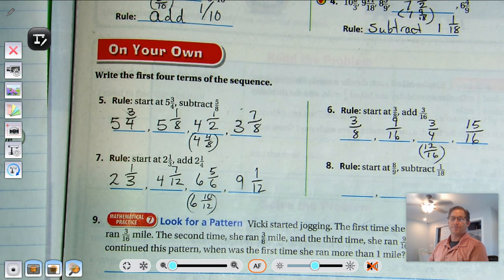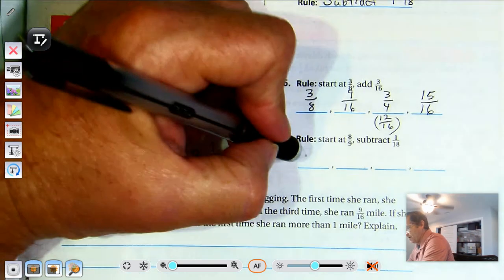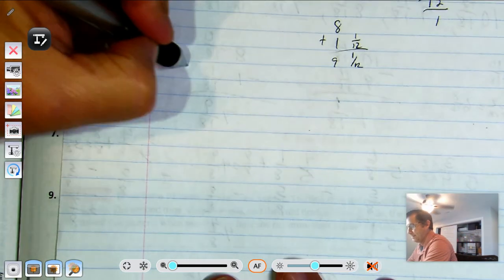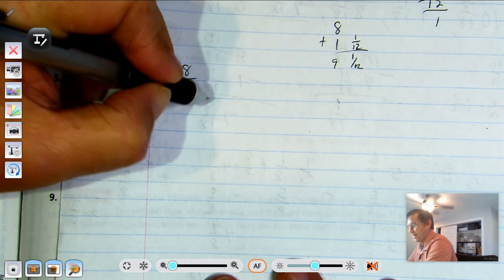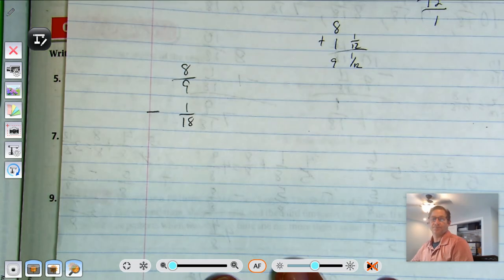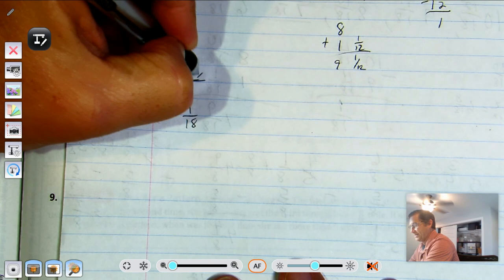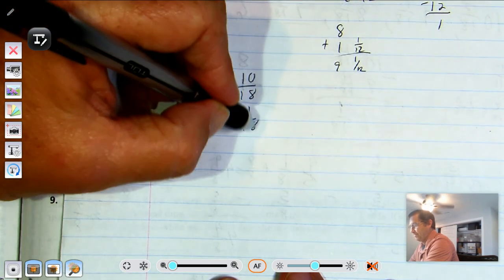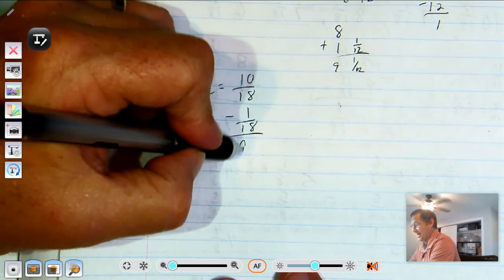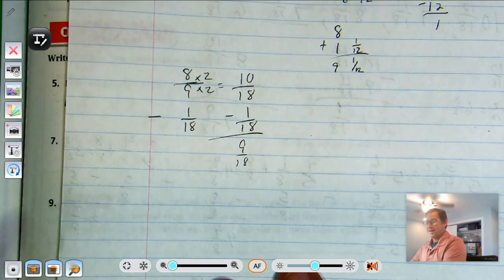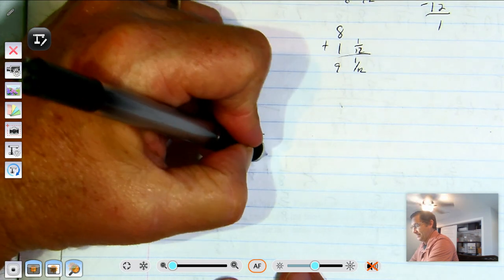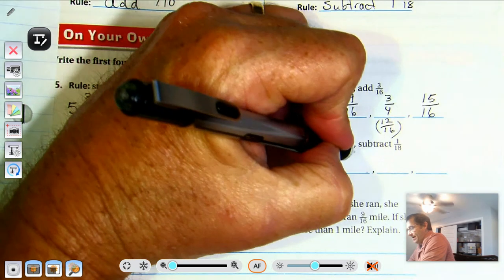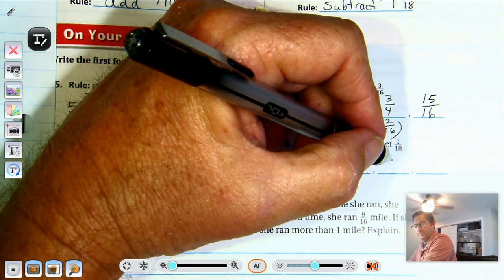And number 8. This time we're going to start at 8/9, and we're going to subtract 1/18. 8/9 subtract 1/18. Well, 9 I can make into 18ths by multiplying by 2. And 10 take away 1 is 9/18. Well, 9/18, that's the same as 1/2. So 8/9, 1/2.